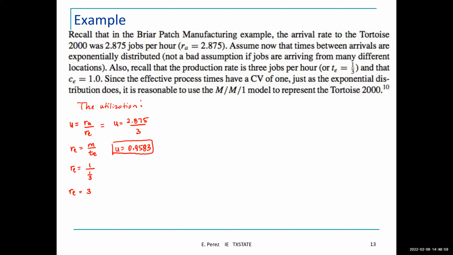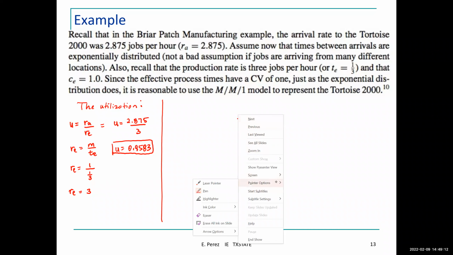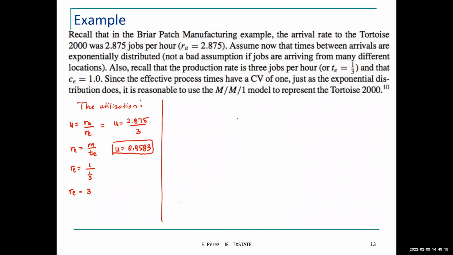Okay, so you got that. So now using the rest, we can compute the work in process. It equals U divided by 1 minus U. So we have the utilization here. So the work in process is 23 jobs.